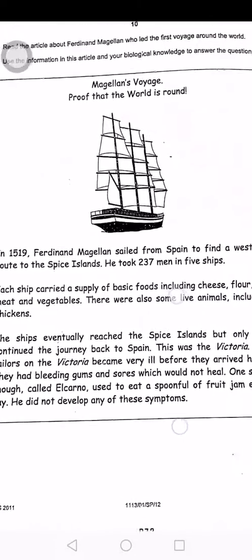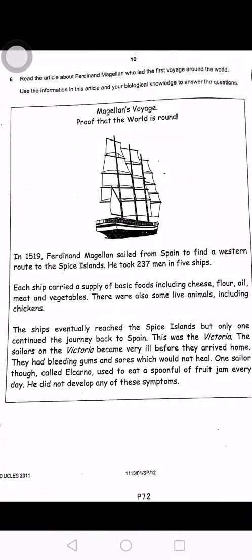Describe one symptom of scurvy. We have two symptoms, listed below. They had bleeding gums and sores which wouldn't heal.